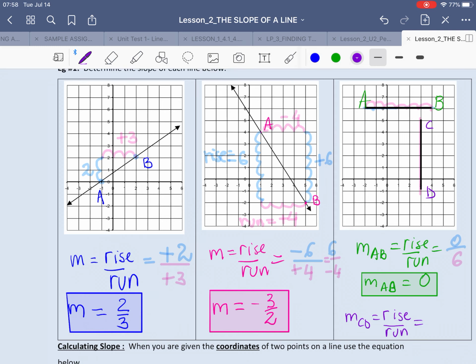So pretend that I'm rising from C. To rise from C to D, then I need to go 1, 2, 3, 4, 5, 6 units down. So I'm writing negative 6. And I've landed right away at D, so I don't have to run. So in this case, we say the slope is undefined.